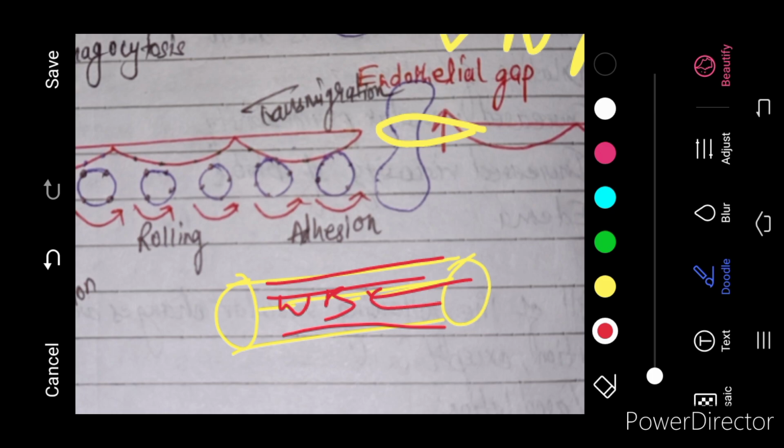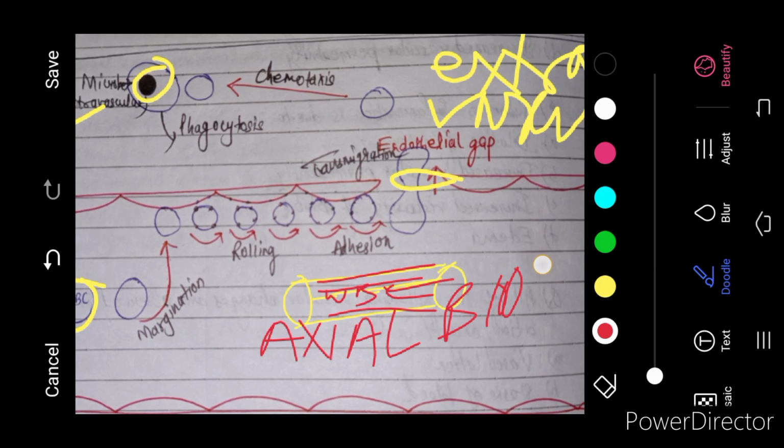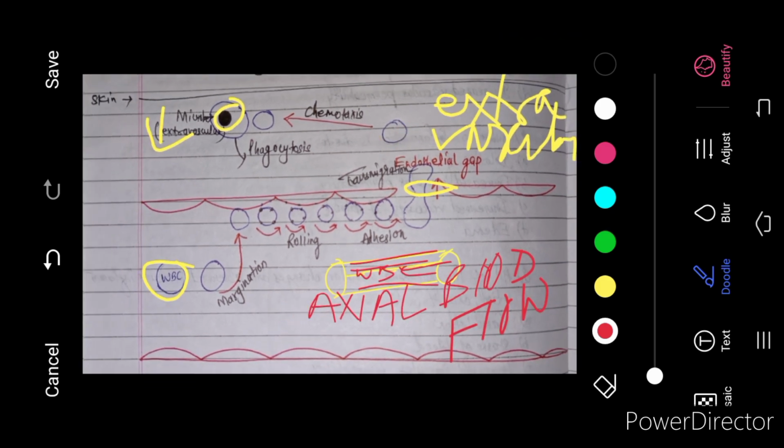Surrounding WBC is present RBC. Surrounding RBC there is presence of platelets, and surrounding platelets there is presence of plasma, which is the lightest. So this is known as axial blood flow, which is normal. Our blood flows like this.